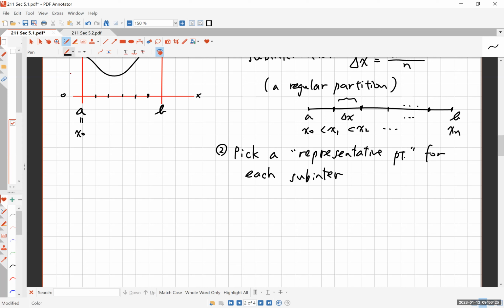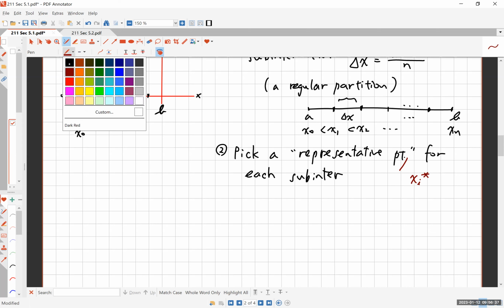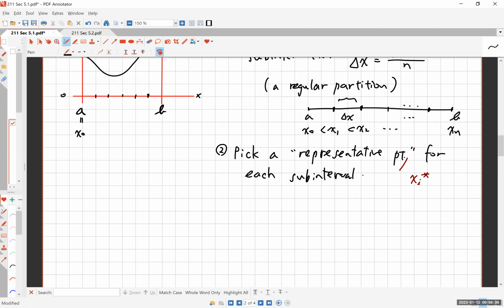Let's denote this representative point with xi star, for each subinterval, and evaluate the function there.